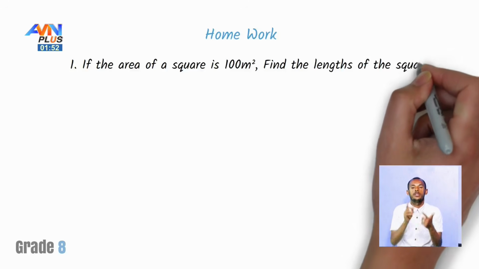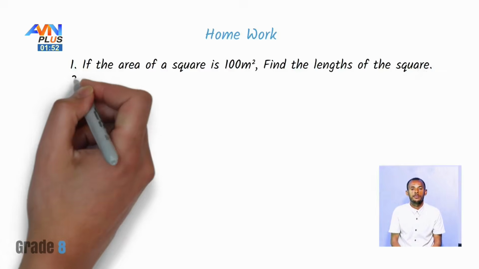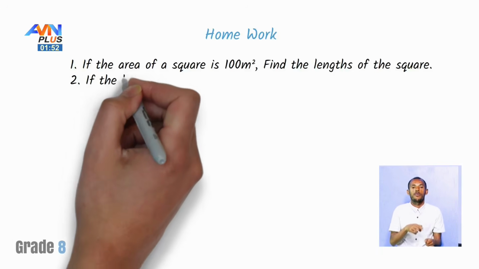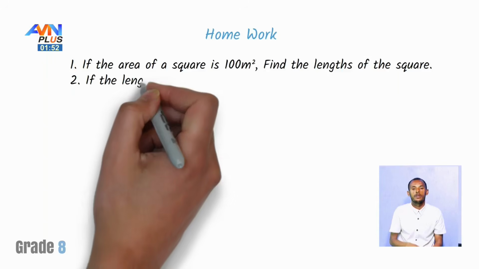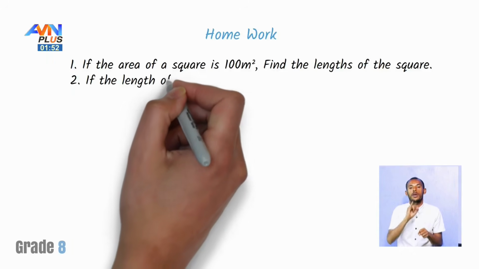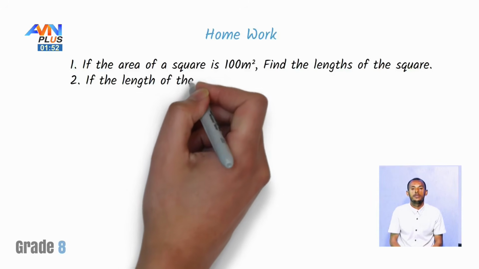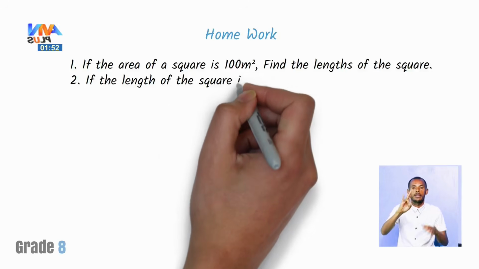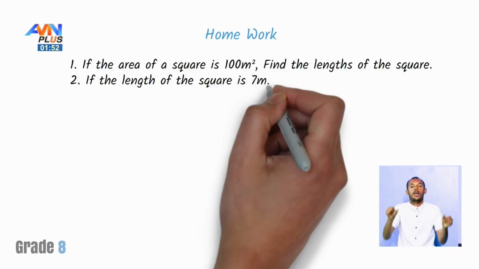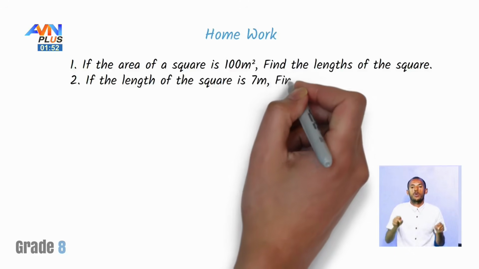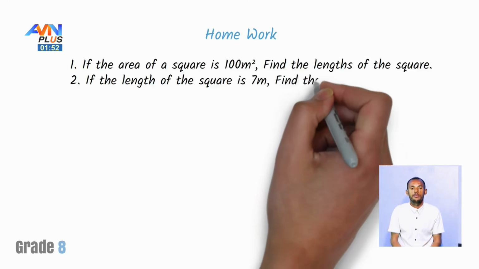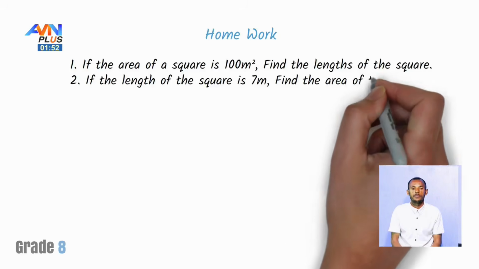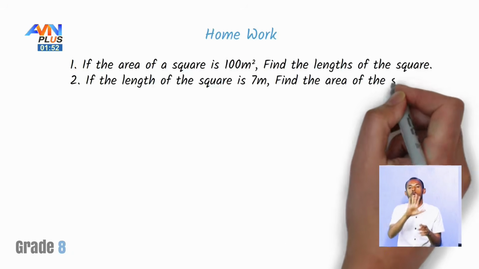The second one is: if the length of the square is 7 meters, find the area of the square. Okay, this is your second question.